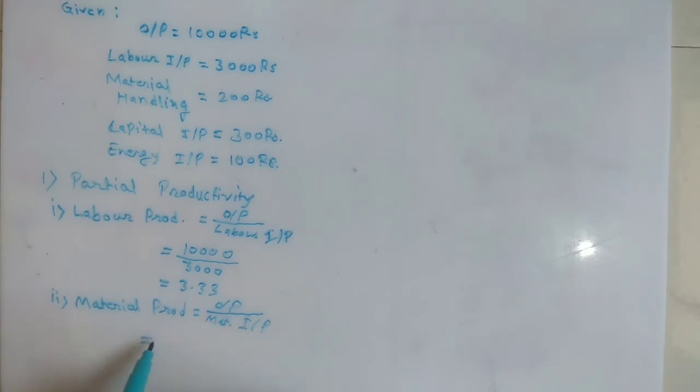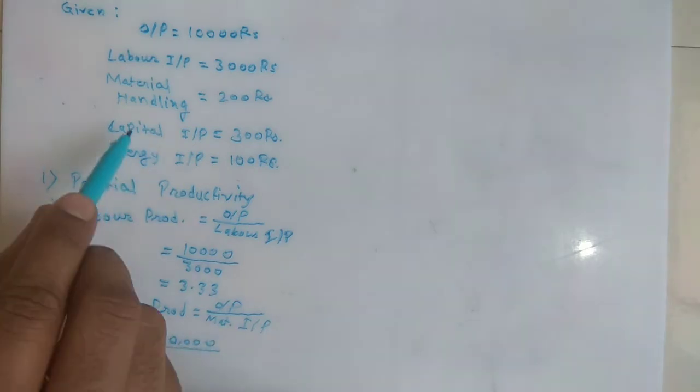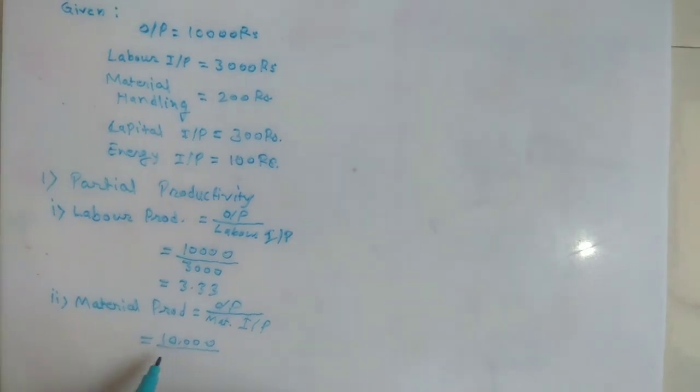So output 10,000 divided by material input, which is 200, so it comes 50. Likewise we calculate the others.